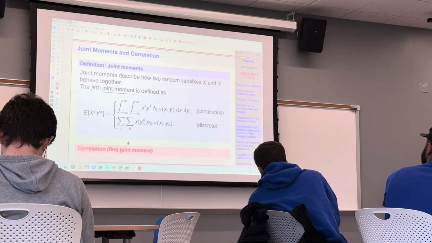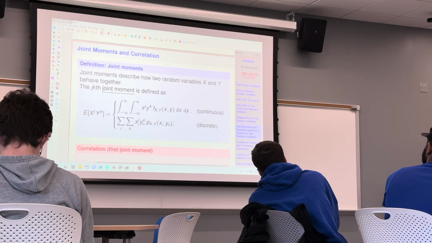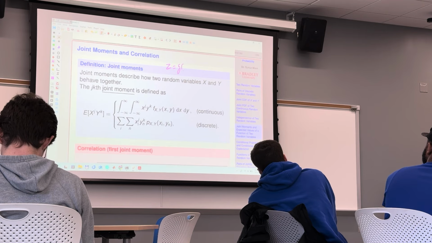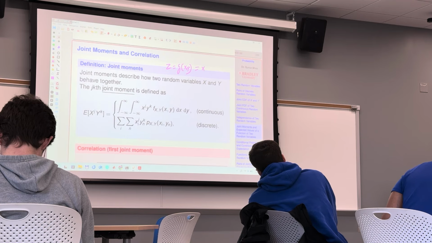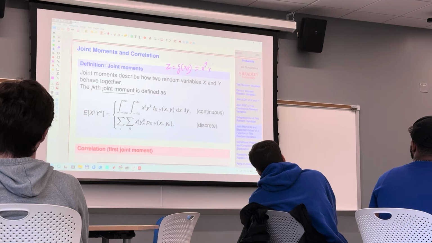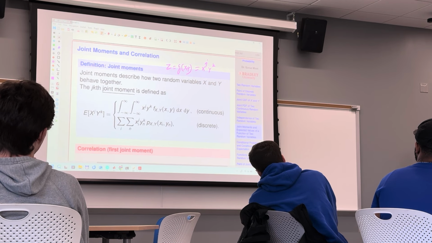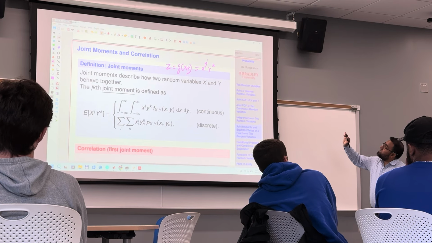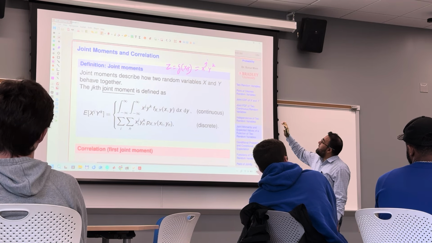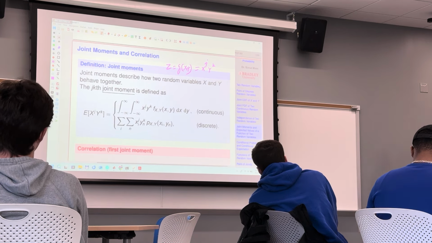So now let's talk about the joint moment. z equals g as a function of x, y. If you have a specific expression for g(x, y), in this case it is x to the j, y to the k, and that is the specific expression of the function g(x, y).